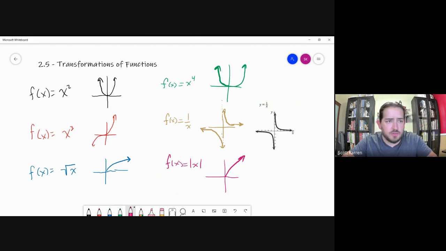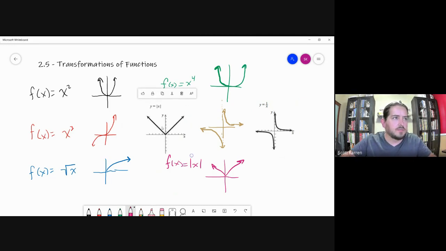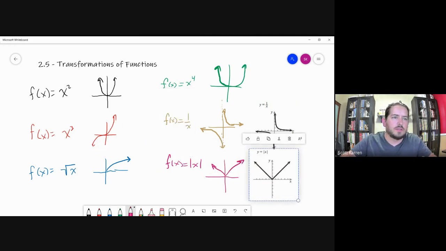And then if it's on the other side, it just returns the opposite. So essentially it creates that V. I can't draw. I like to blame it on this little tablet, but I just suck. But there we go.